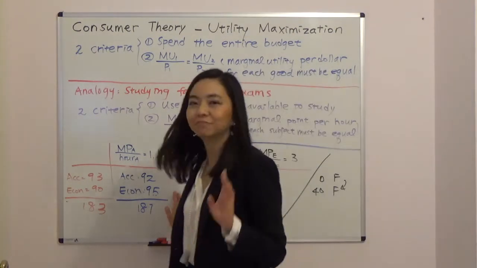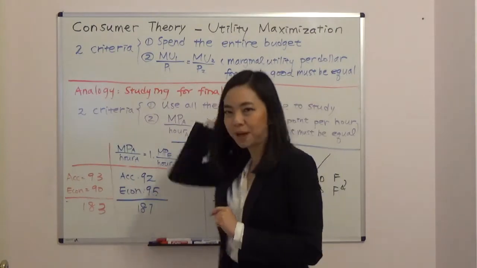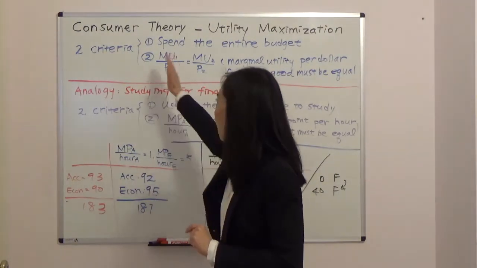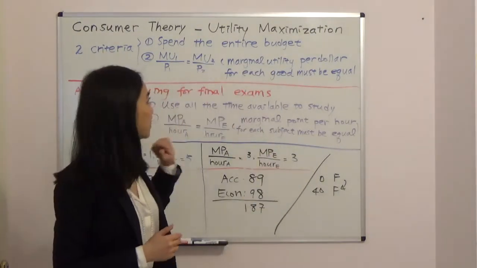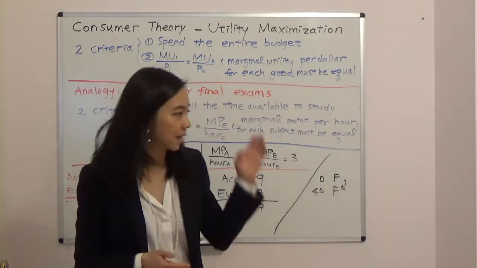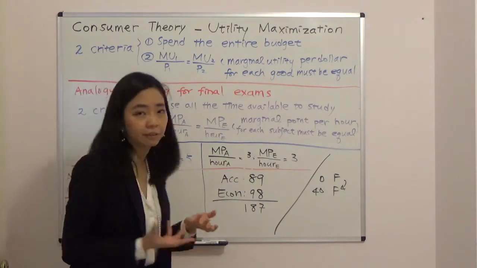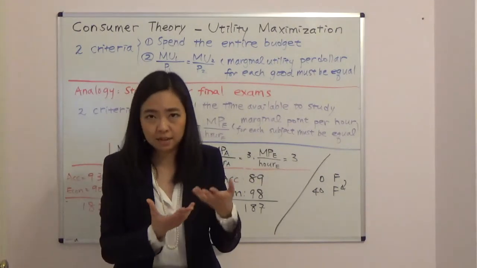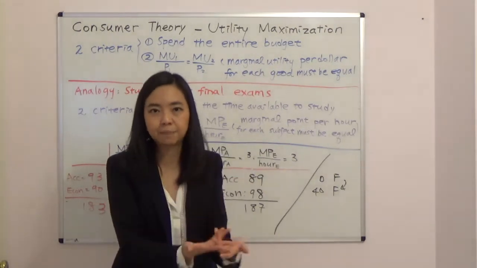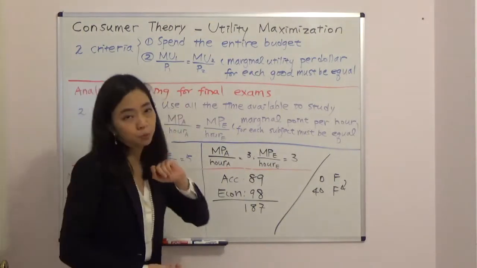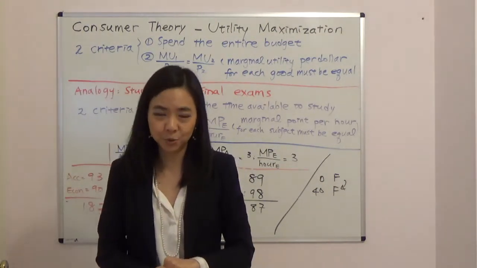So believe me, you calculate this in the back of your mind, and that's the same way we calculate how to maximize our utility when we're deciding which good and which service to buy. First of all, you have a budget, and you spend the entire budget. And second of all, you need to make sure marginal utility per dollar is equal.